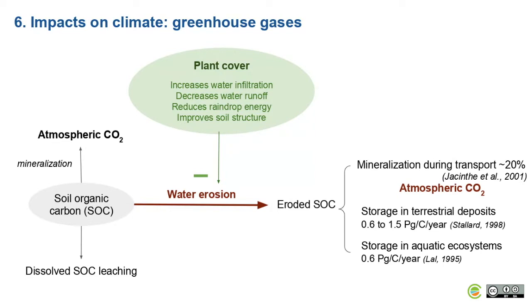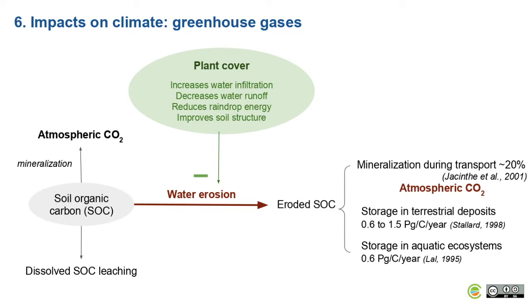Some studies, such as the study from Jason in 2001, show that there can be a mineralization of the soil carbon during transport at a rate of about 20%. And this mineralization means that there will be a release of CO2 into the atmosphere, so greenhouse gas emissions.